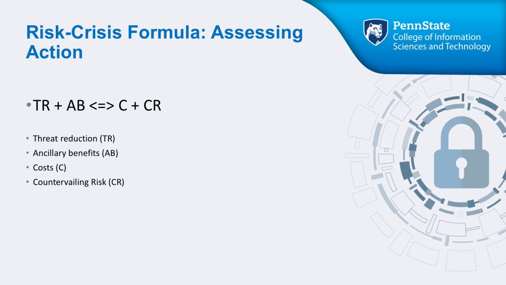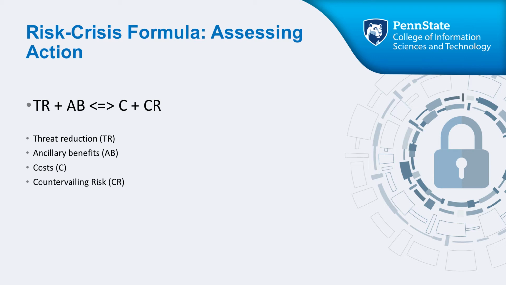Cost, which is on the other side, and we'll discuss in a second in more detail, are those things that are incurred by the organization in the execution of threat reduction. The ancillary benefits are what might be considered an additional or even unintended benefit of a particular action. Using our example, an ancillary benefit of securing the server room might be an increased awareness within the organization of the importance of security.